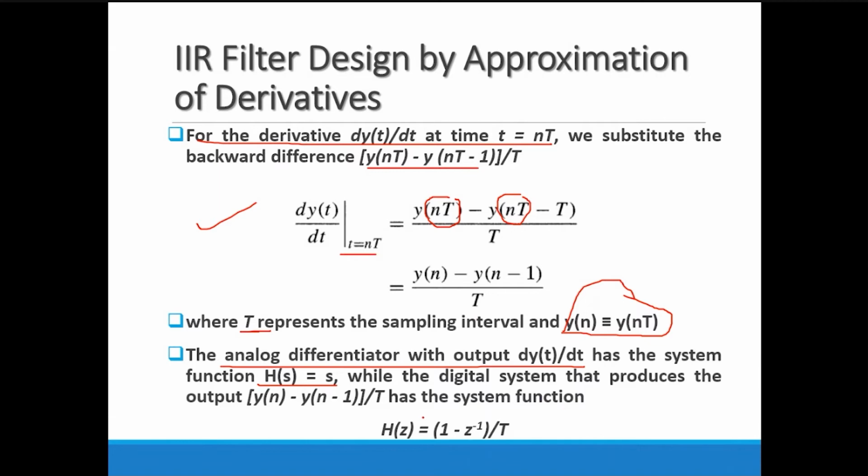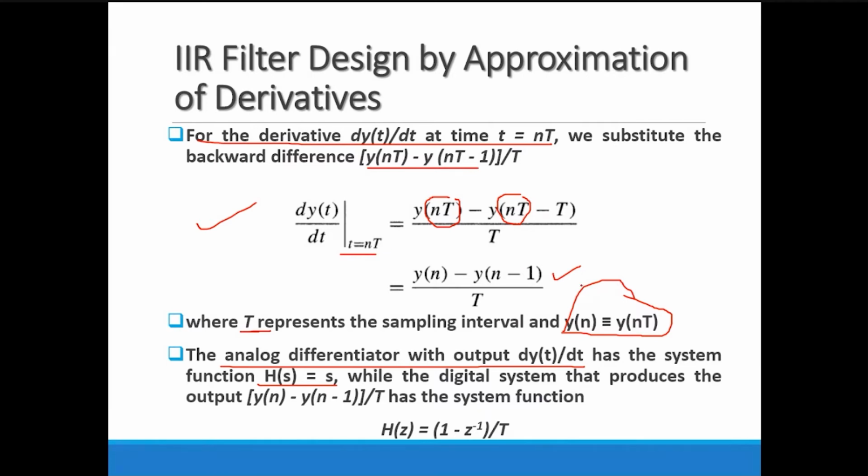If I want to produce the same output with a digital system, what kind of system function is required? Instead of taking this continuous function, if I do the sampling at the interval t equal to nT, this will be the dy by dt.